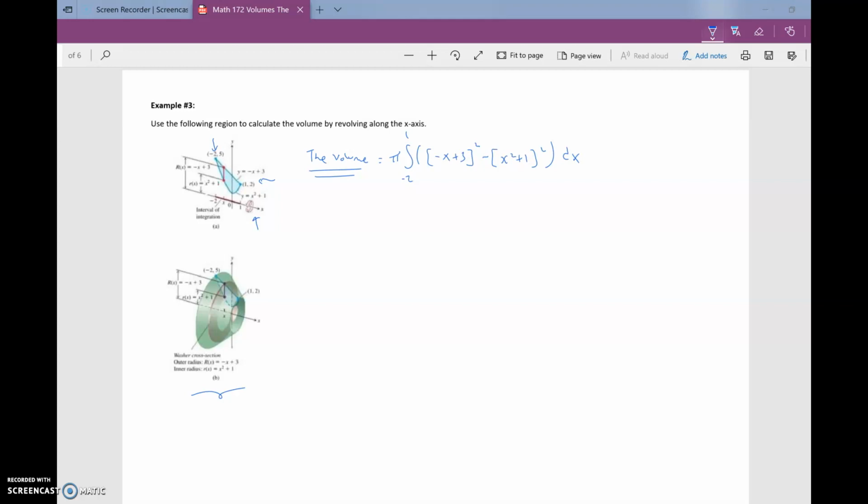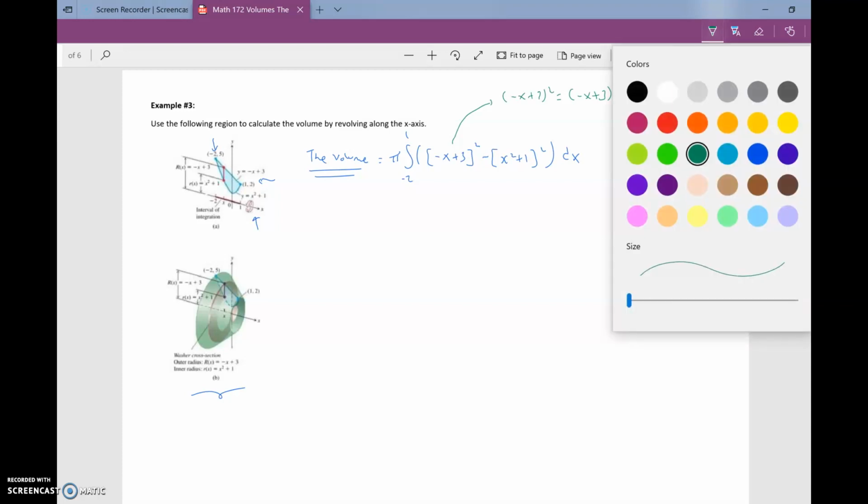So let me actually FOIL these two. For this one, we're just going to have -x plus 3 squared, which happens to be -x plus 3 times -x plus 3. Which in this case gives us x squared minus 6x plus 9.